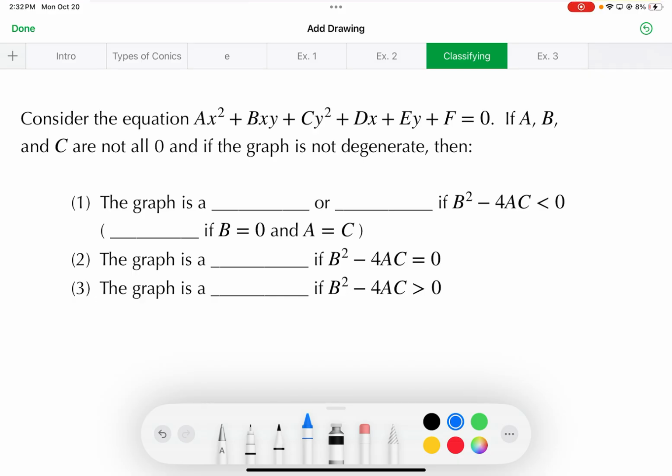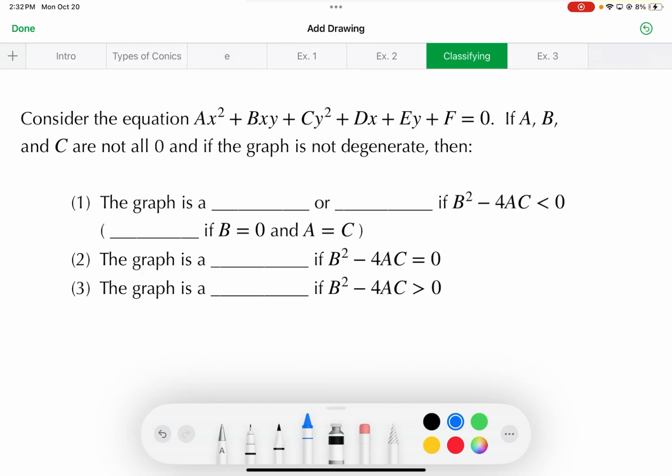And this would be if we're not working with those degenerate situations. Okay? So if a, b, and c are not all 0 and the graphs are not degenerate, then we could use the discriminant to help us determine what type of conic we're working with.